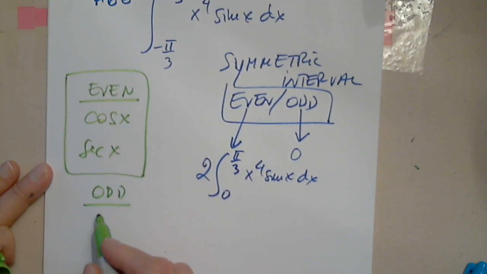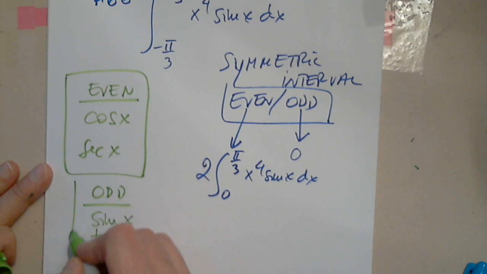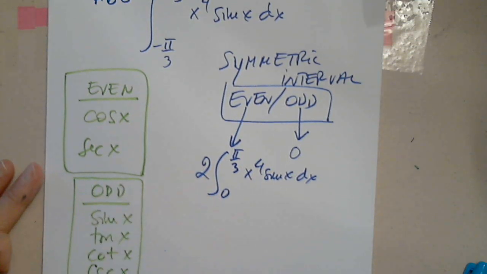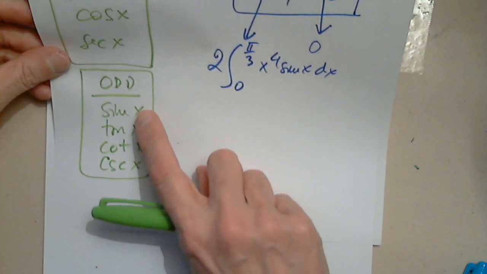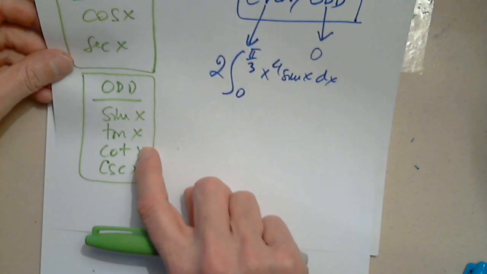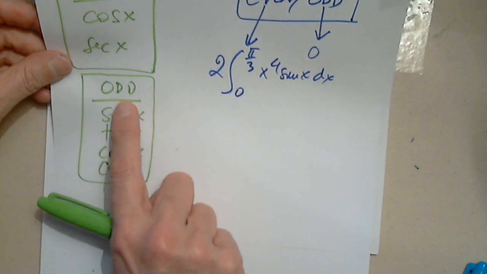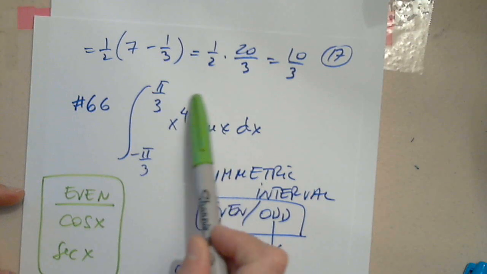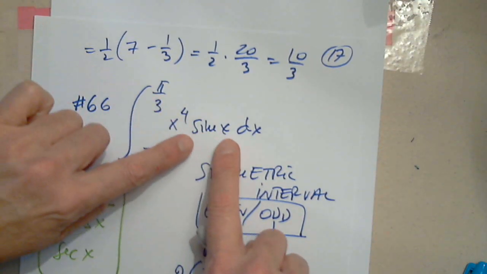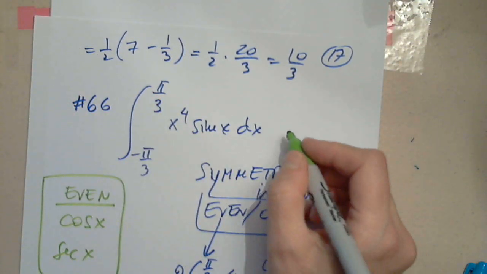All the other trig functions, sine, tangent, cotangent, and cosecant, are odd. Every trig function that has sine in it is odd. So since this is an odd function, because x to the 4th is even and sine is odd, the answer will be 0.